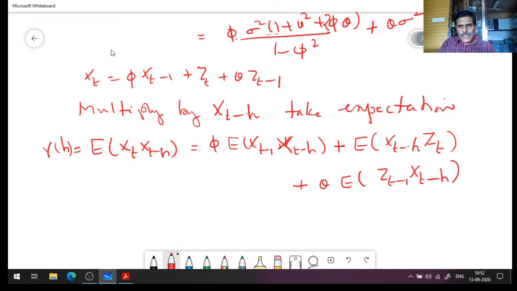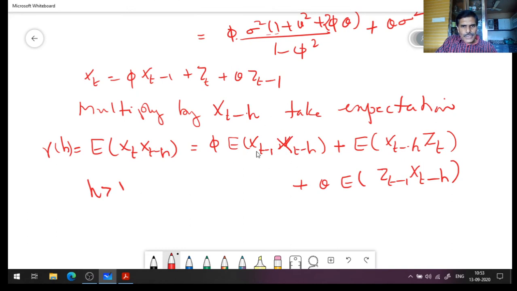For h equal to 1 we have already computed, so you should compute for h greater than 1. If h is greater than 1, the advantage is that this term is going to be 0, and this term is also not going to contribute. So what is going to contribute is this.